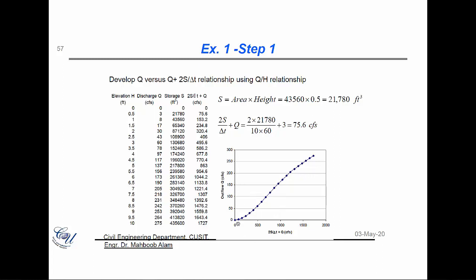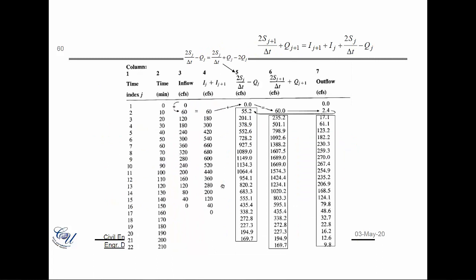Now at this time I have the 2S by delta t plus Q value of 60. I'm coming to this x-axis, touching the graph, and then reading the y-axis value, which will give me the outflow. Fine. So I'll take this value, and this would be my outflow, which is 2.4.